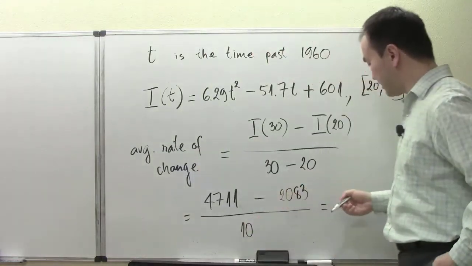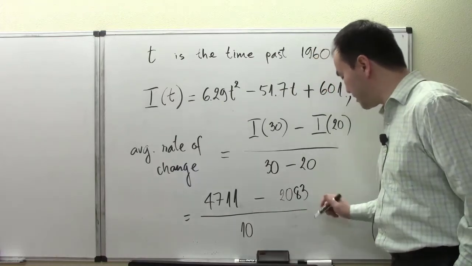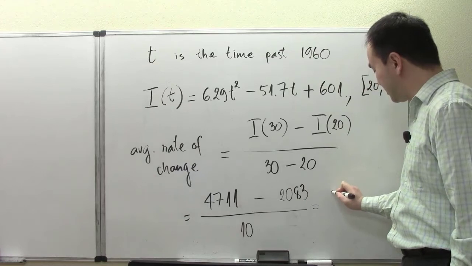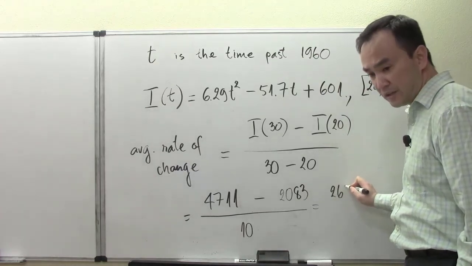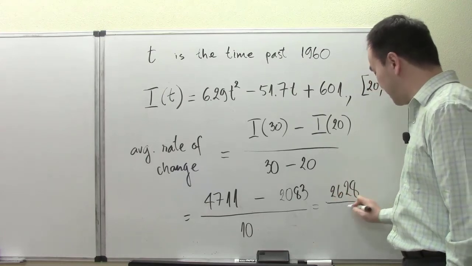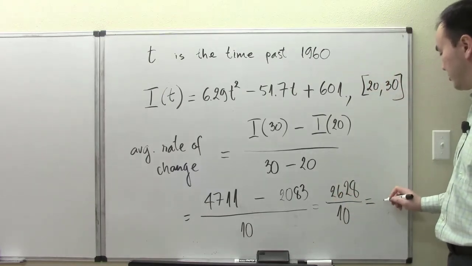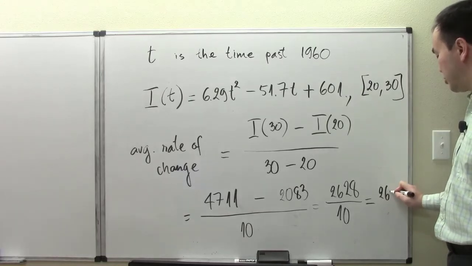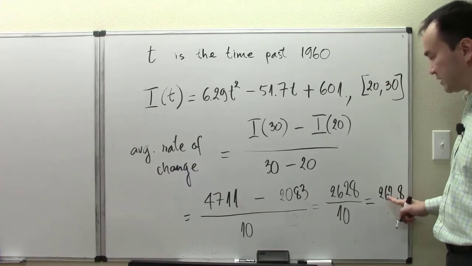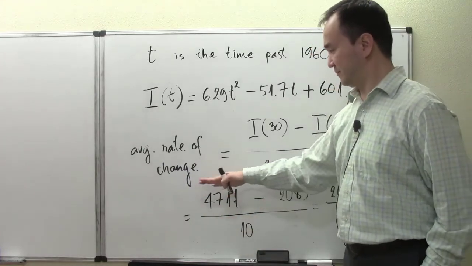All right, my calculation came out with the numerator being 2,628, again in billions, divided by 10 years. So the math becomes a lot easier: that's 262.8.